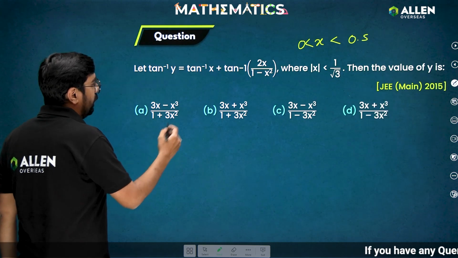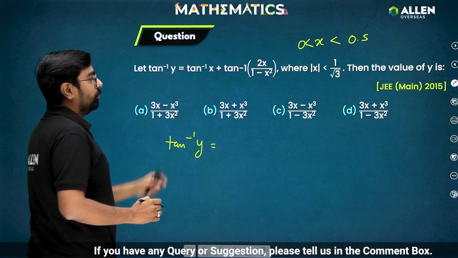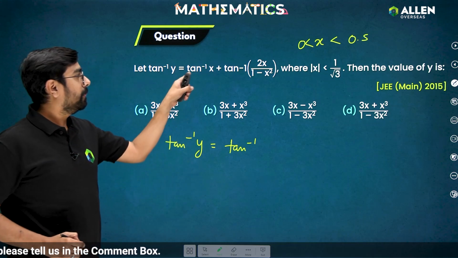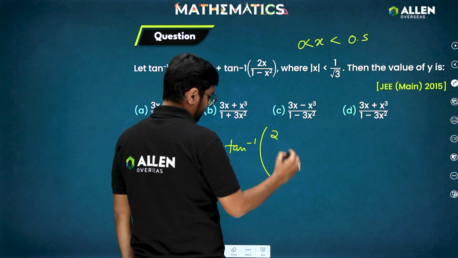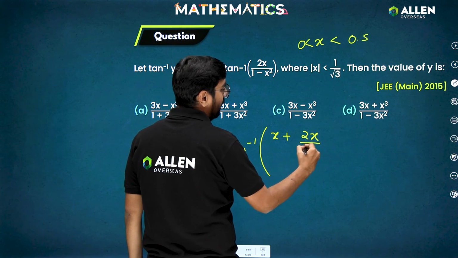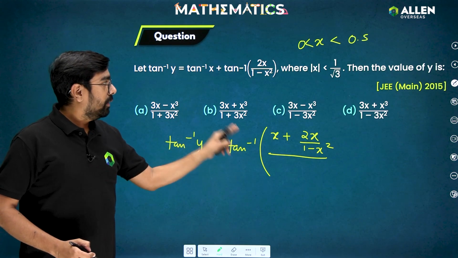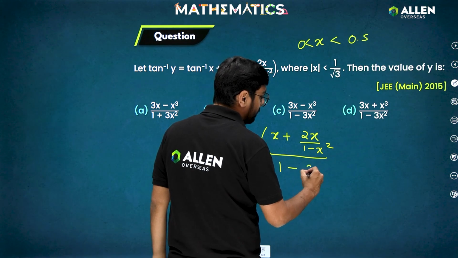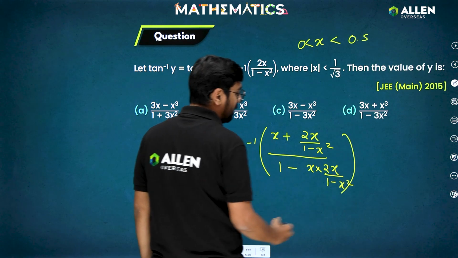So basically what we are going to have, tan inverse of y will be equal to tan inverse of x plus 2x upon 1 minus x square in the numerator, and the denominator is going to be 1 minus x multiplied with 2x upon 1 minus x square. Now we just have to solve this.